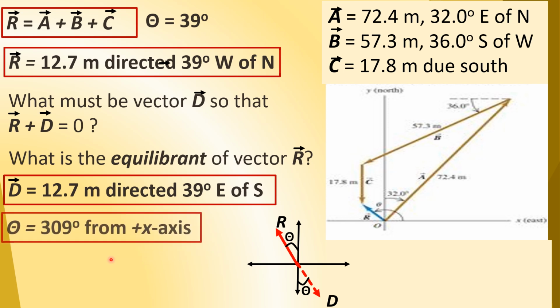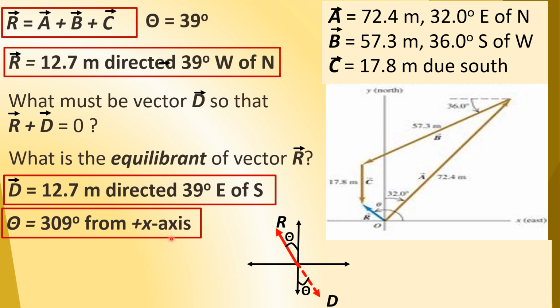The other question is that 39 degrees is in fact how many degrees when measured from the positive x-axis. Alright, so we know that from the positive x-axis, you go counterclockwise.